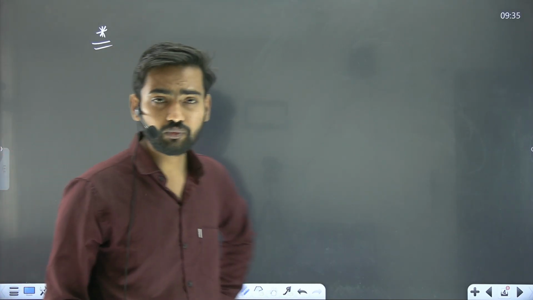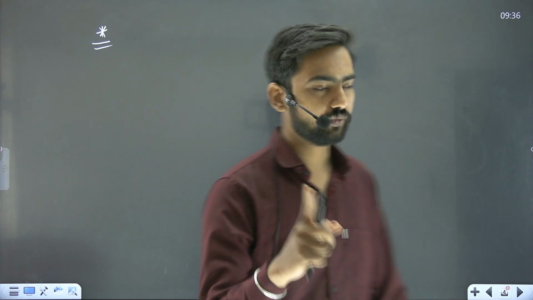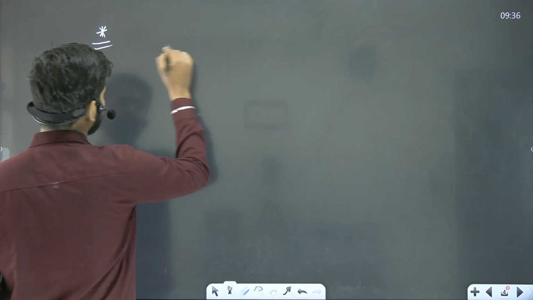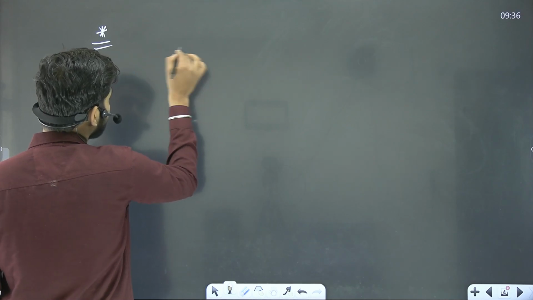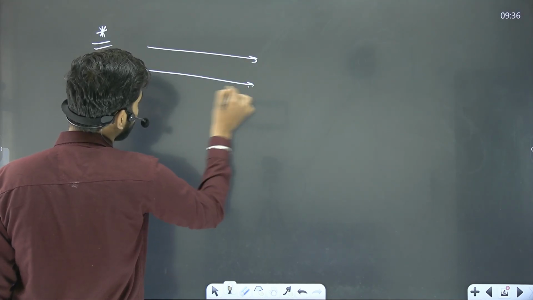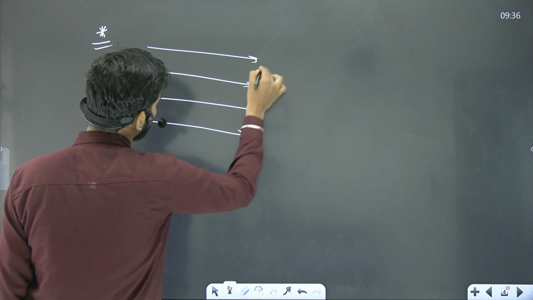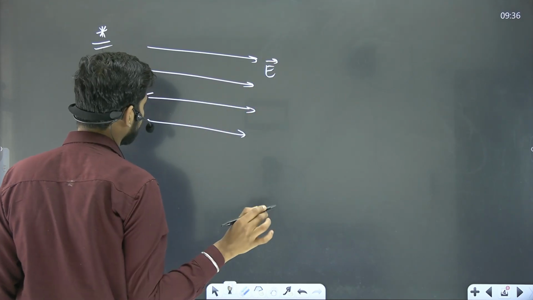Now we should move forward to the motion of a charged particle in a uniform electric field. Good. Let's suppose I have given some uniform electric field E. It's a vector quantity.